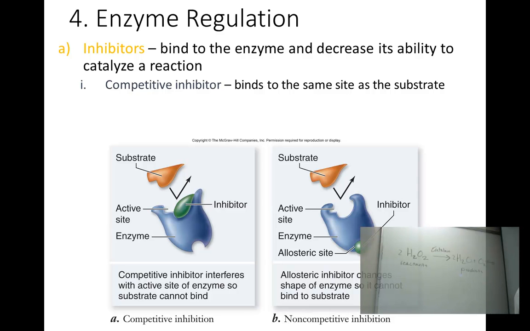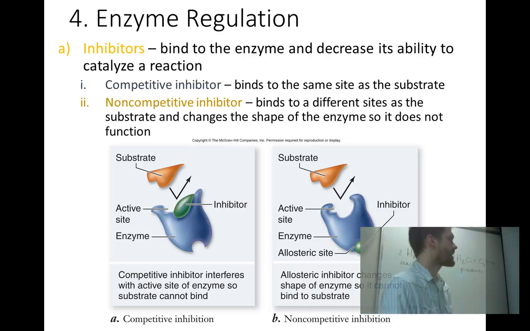So this is a competitive inhibitor here because that's where the substrate would bind, but it can't because the inhibitor's there. Or you can have a non-competitive inhibitor, which will go to a different site and will somehow change that active site so it can no longer bind to the substrate. Still inhibits it, but it just binds to a different site.